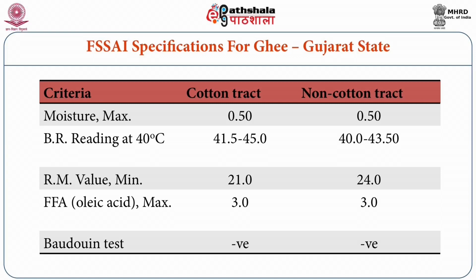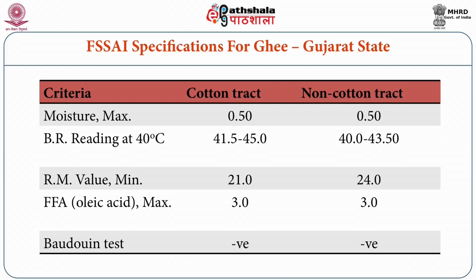However, let me tell you, for Agmark specifications, they have bifurcated ghee into 3 different grades, namely special, standard and general grade ghee, only based on the free fatty acid content. Obviously, the lower the FFA content, the better the grade of that ghee. However, as per FSSA, there is no bifurcation related to the grades of the ghee.